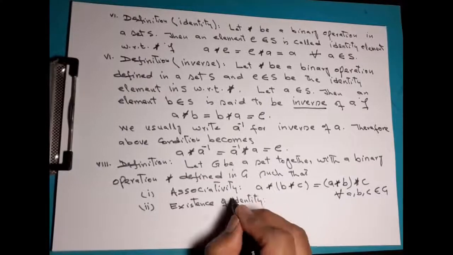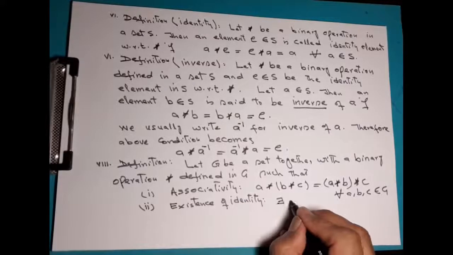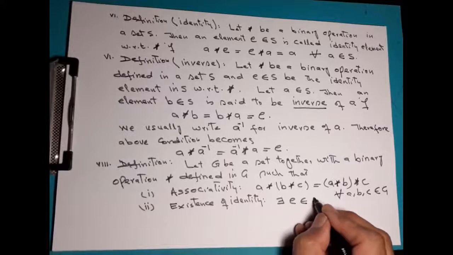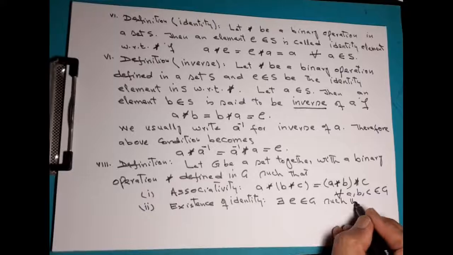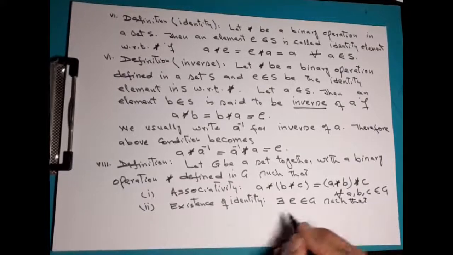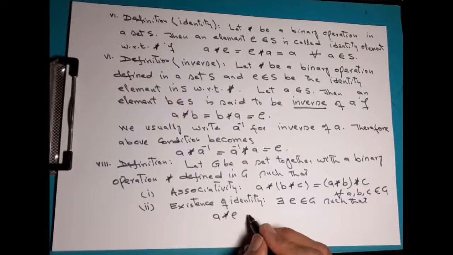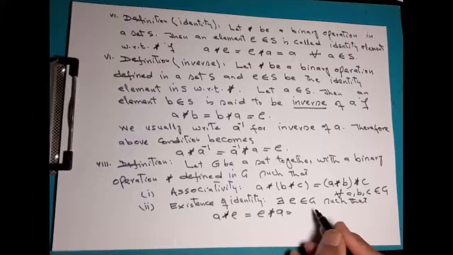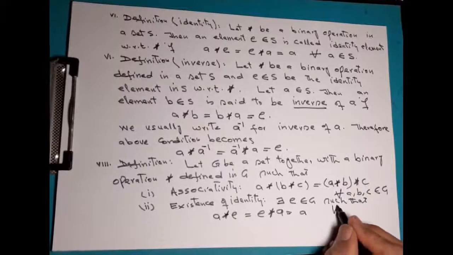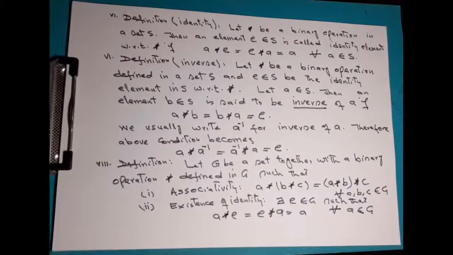This condition says that there exists an element E belonging to G such that A star E is equal to E star A, and this is equal to A for all A belonging to G. So this is existence of identity element.